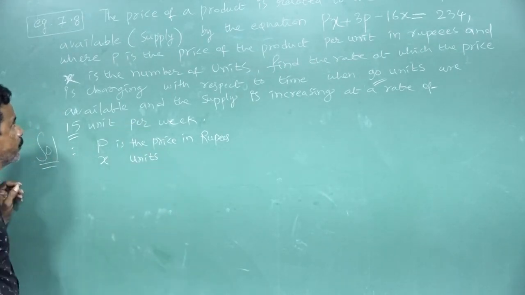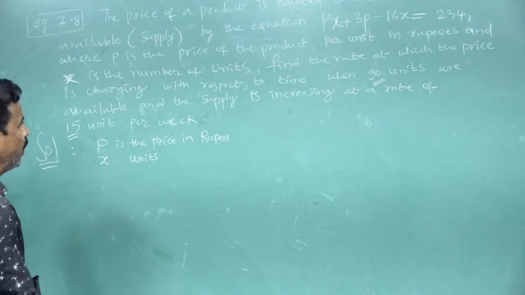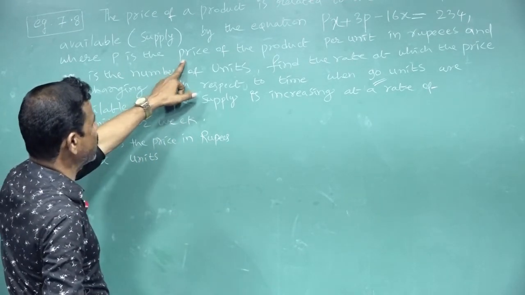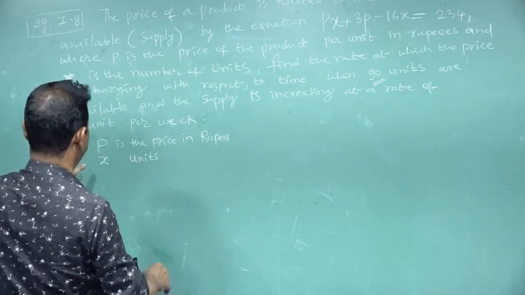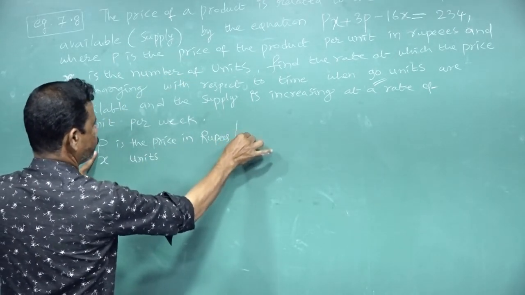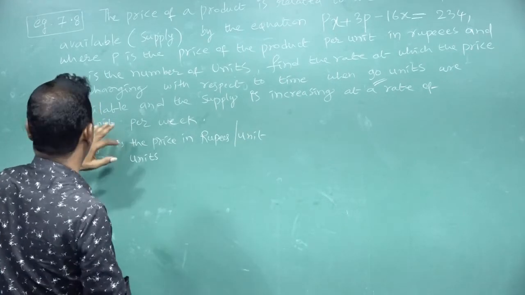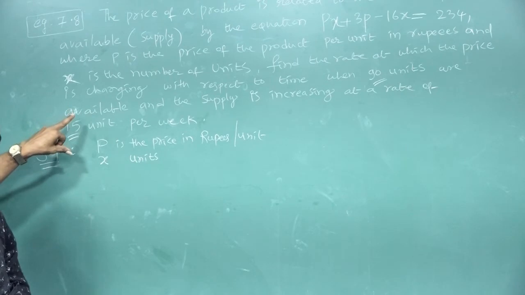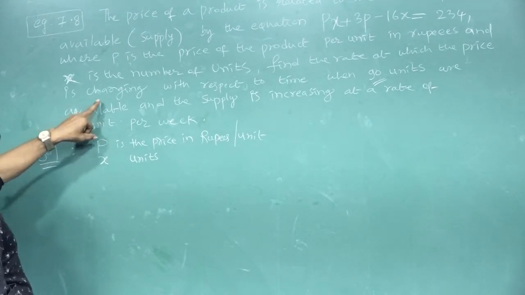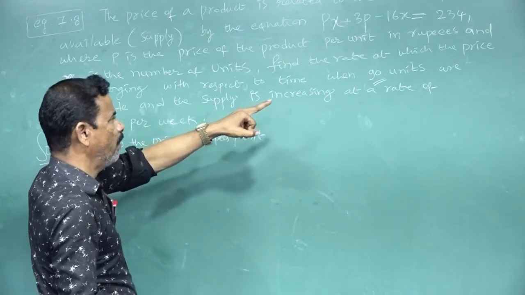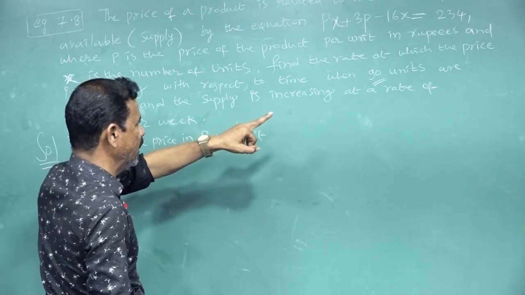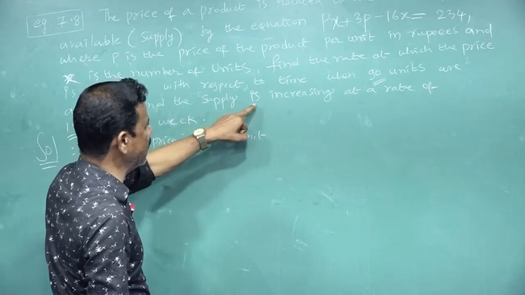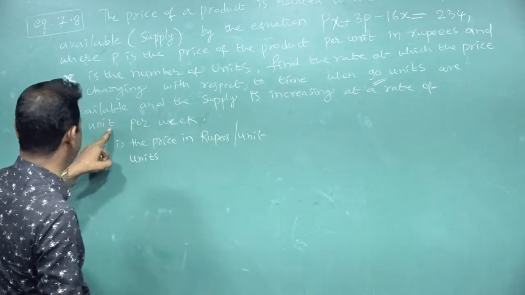By the equation p of x, something is given, where p is the price of the product per unit and x is the number of units. Find the rate at which the price is changing with respect to time when 90 units, x is equal to 90 units, are available and the supply is increasing at a rate of 15 units per week.